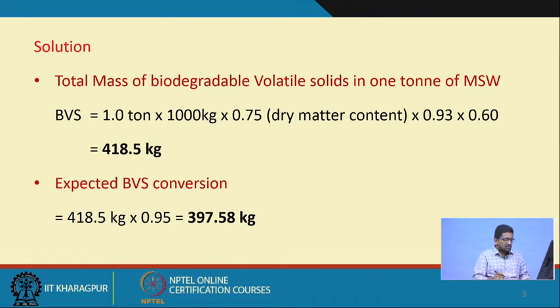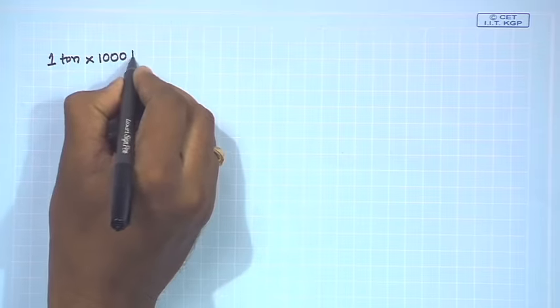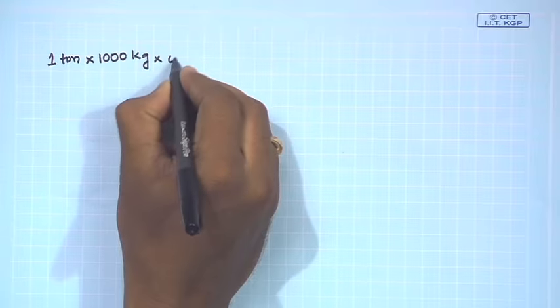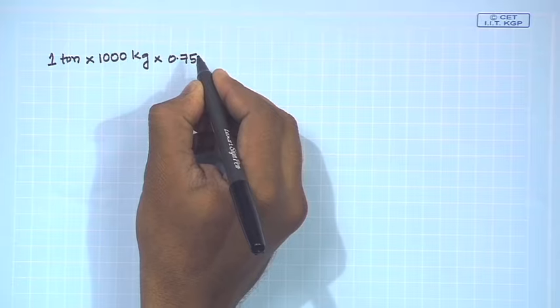Here we have 1 ton, which converted into kg is 1000 kg, multiplied by 0.75. This 0.75 has been arrived from the moisture content determination.